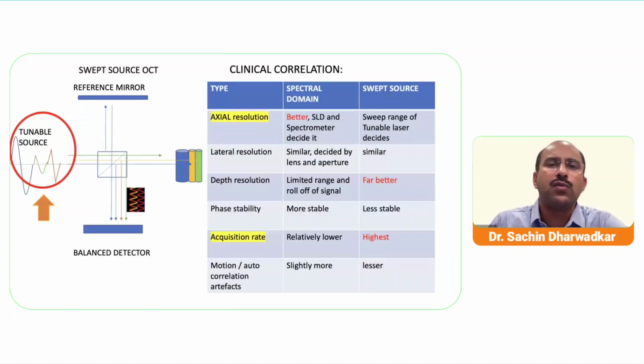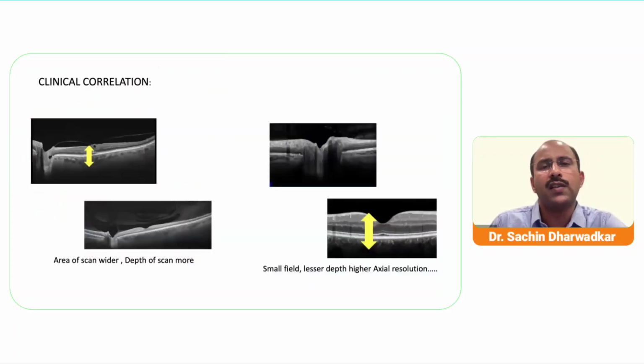But again, you have to know what you're looking for, whether you're looking for depth or axial resolution. That will decide which machine you ultimately fall back on. So we see the clinical correlate photographs of these machines. Here you see the swept source OCT pictures, where you have a larger depth of penetration and a wider range, whereas in the spectral domain OCT you have a higher axial resolution but a less deep penetration with a lesser field of view.